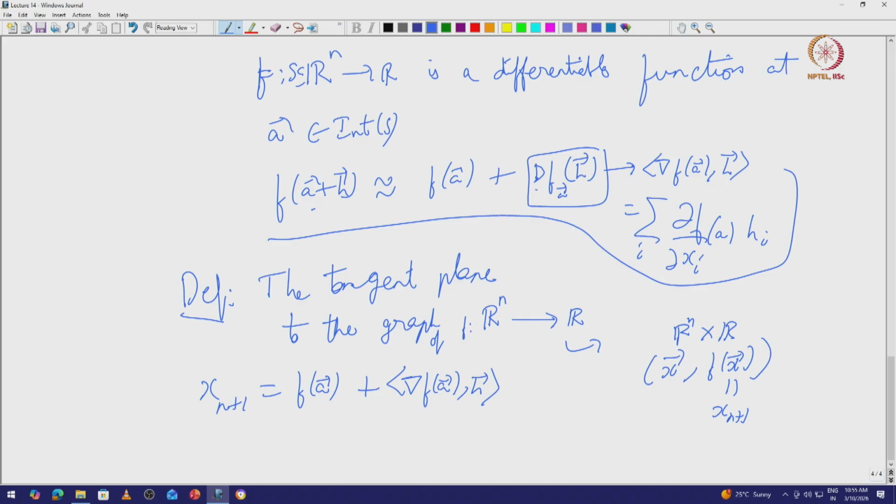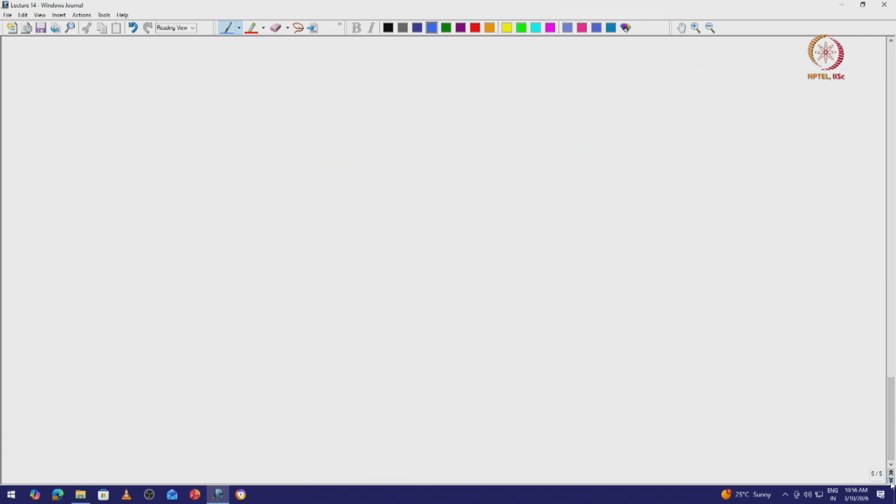So we don't want to write it as h, because what we really want is to write it using x's instead of h. But what is x in terms of h? This is x. So this is the definition of a graph of a function.